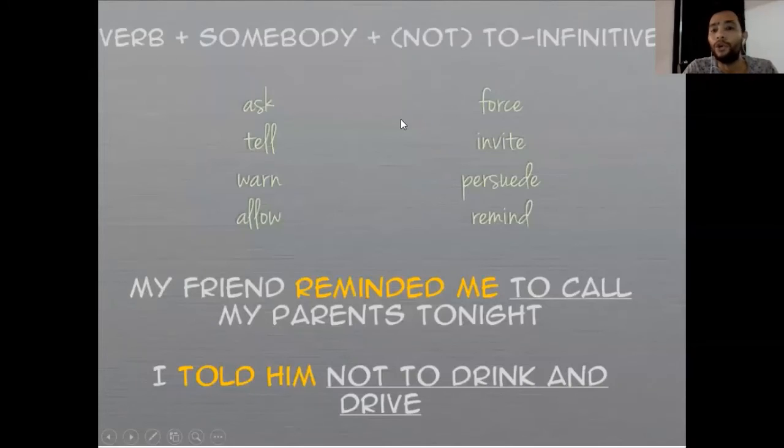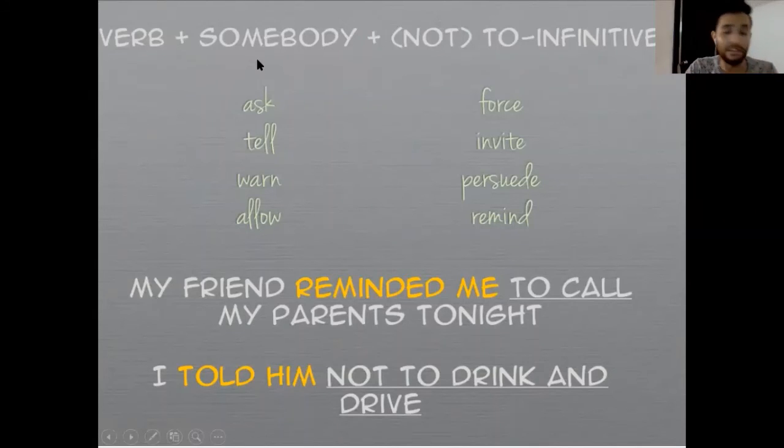Now we have those verbs with the pattern verb plus object plus infinitive. They tend to be ask, tell, warn, allow, force, invite, persuade, and remind. Remember that I told you about allow. In the case of allow, you can use it with ing if you don't use an object.